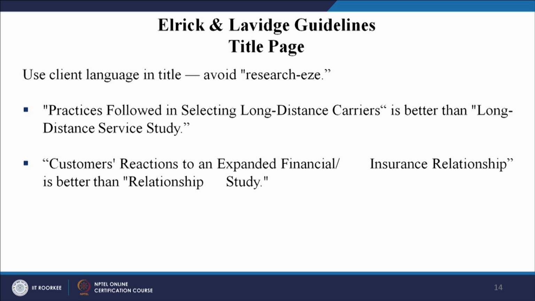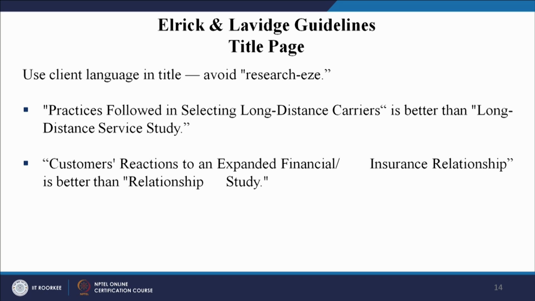Okay. When you talk about the title page, this is something given by the Elrick and Lavidge guidelines. It says avoid "research", right. Practices followed in selecting long distance careers, for example, is better than long distance service study. Now, what is it saying? When you are making a title page, please be very careful, because your title page is the one which the world is going to read, right.